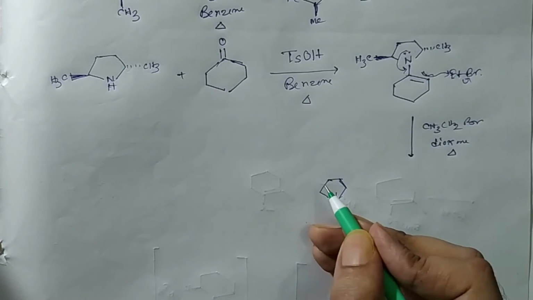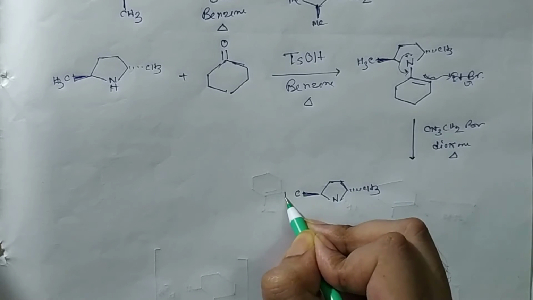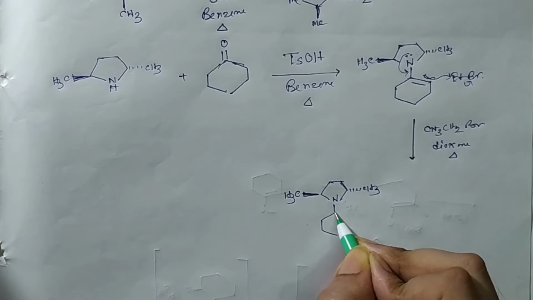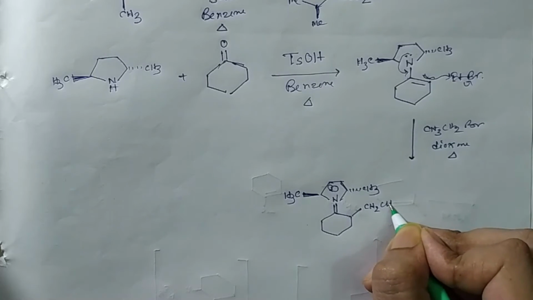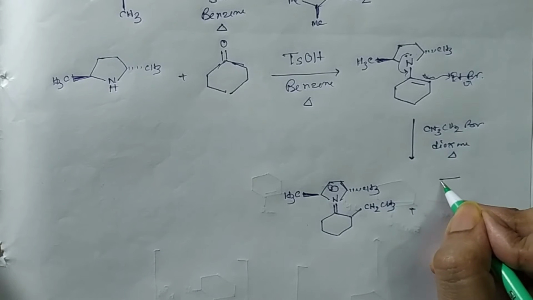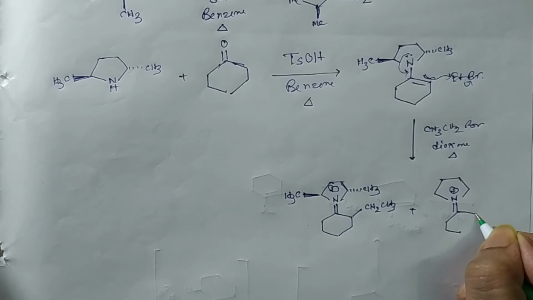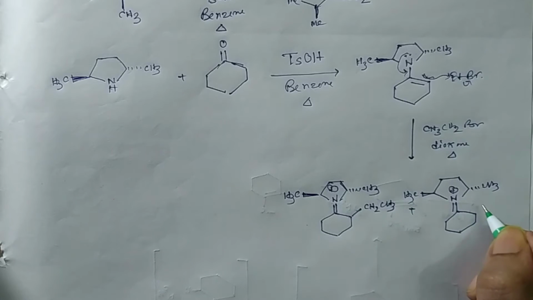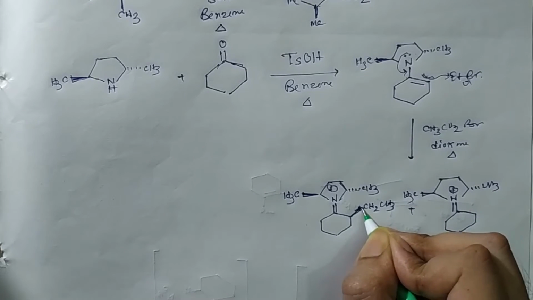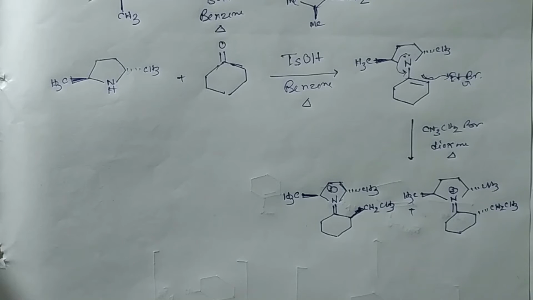Nevertheless, let's write both the enamines. These are the two possible alkylation products of the enamine.